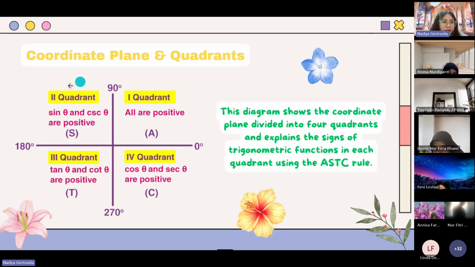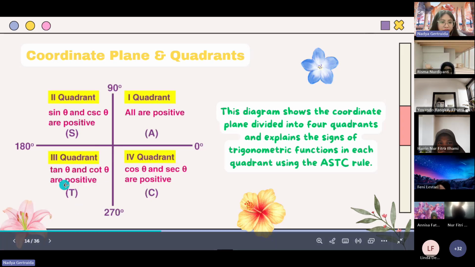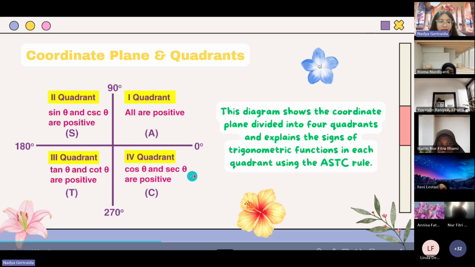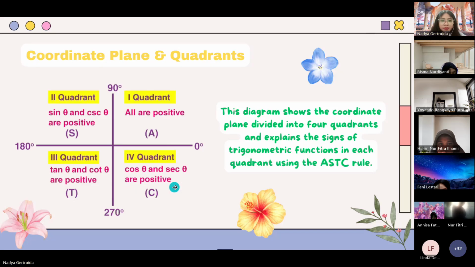In the second quadrant, just sine and cosecant are positive. Others are negative. In the third quadrant, just tangent and cotangent are positive. And the last one, in the fourth quadrant, just cosine and secant are positive.